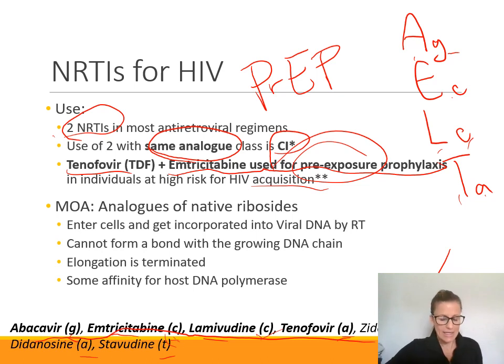This is indicated in select populations of patients who are at a very, very high risk for getting HIV. You can give them daily tenofovir and emtricitabine therapy in order to reduce their risk of actually getting HIV.